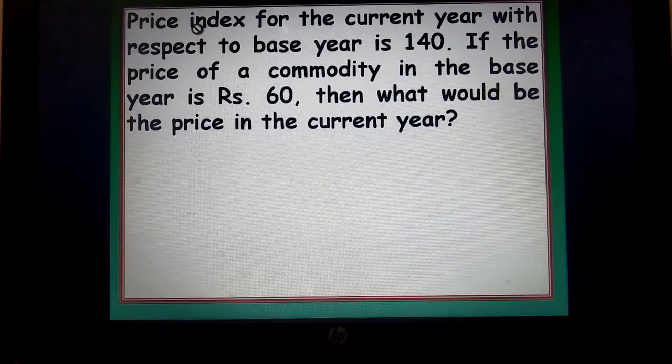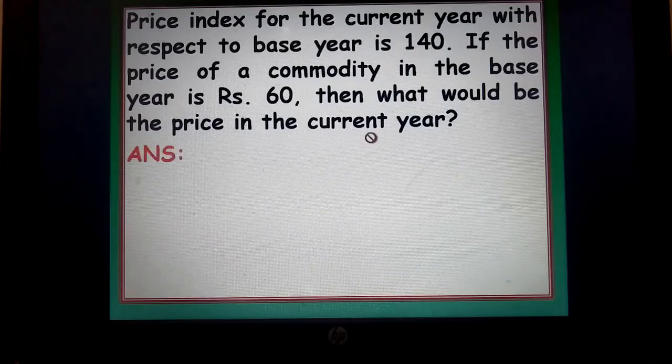What is asked? Price index number for the current year with respect to base year is 140. That means 140 is the index number in the current year as compared to the base year. Index number is nothing but price index number. Here it is given already. Price index P01 is 140.